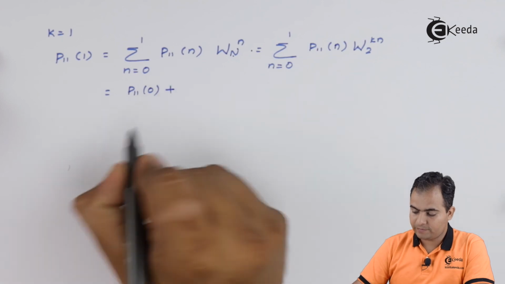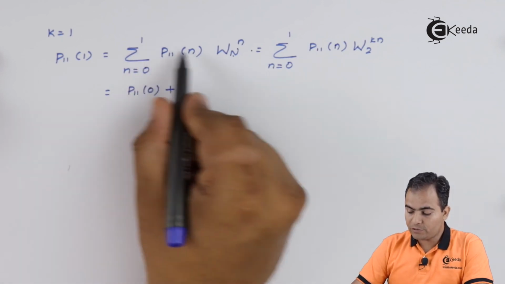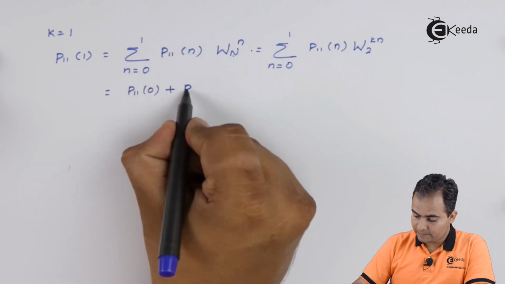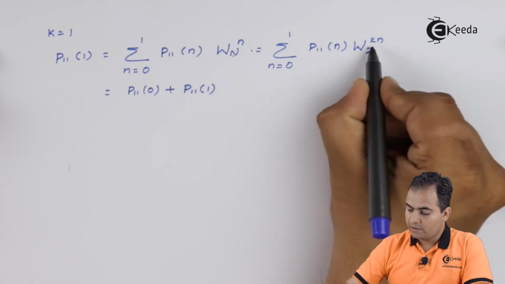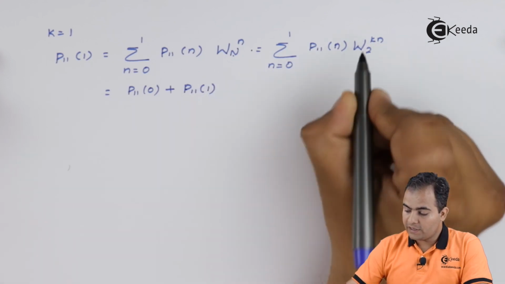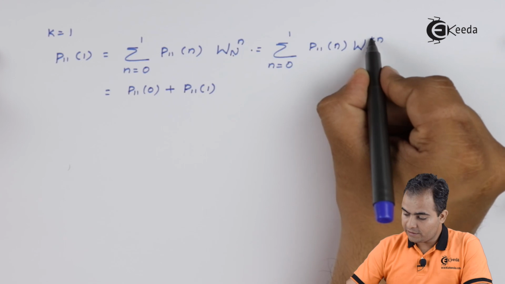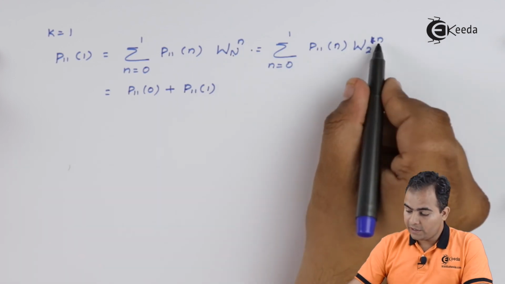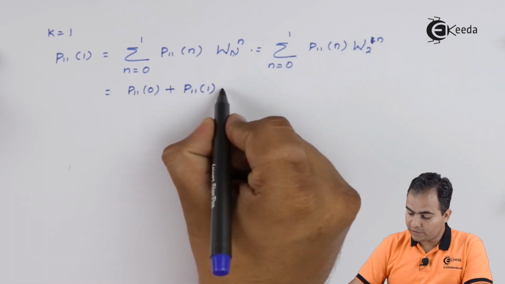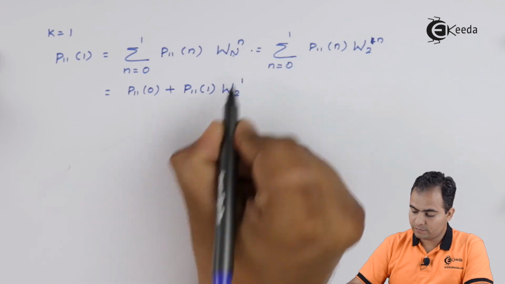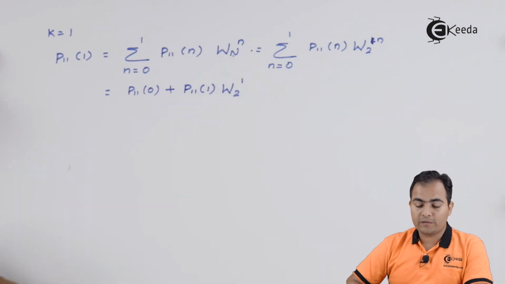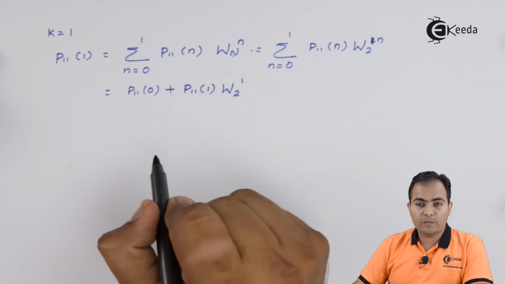But if I substitute n equals to 1, then what will happen? Well, this k value is 1, so I can write here only 1, and n value is also 1. So my equation becomes omega 2 to the power 1. Now we know that omega 2 to the power 1 means what?